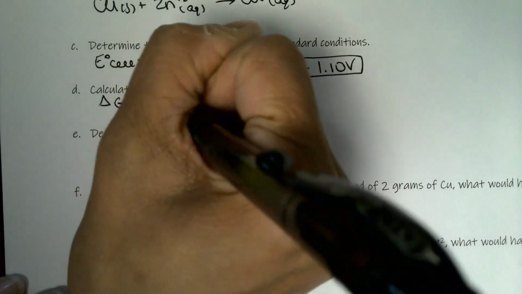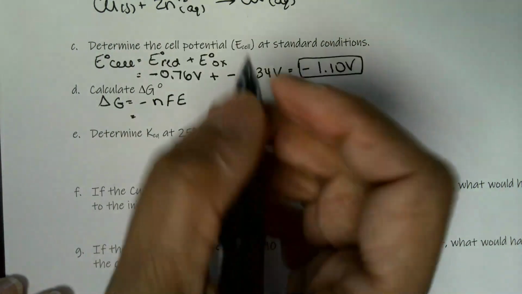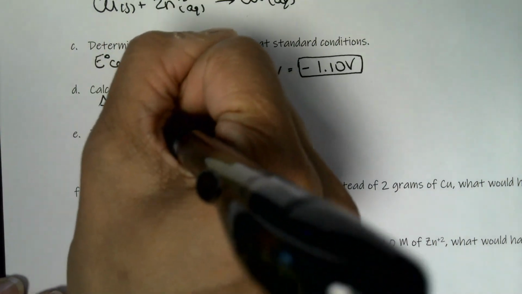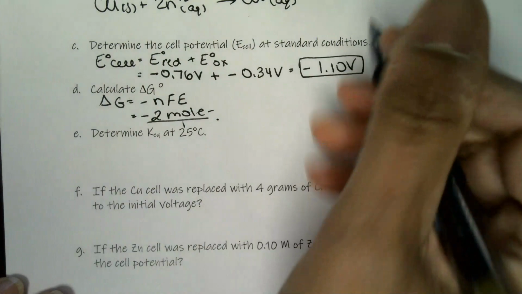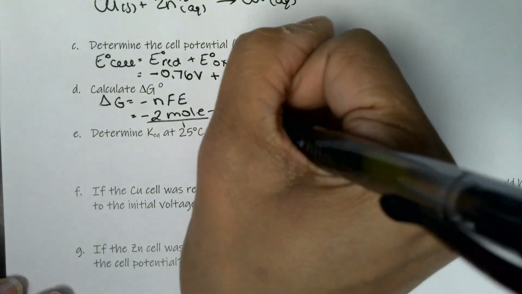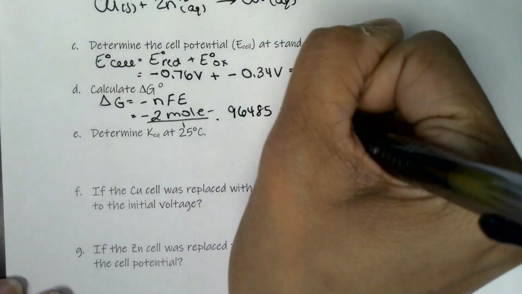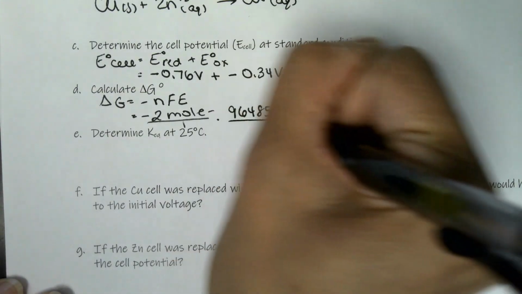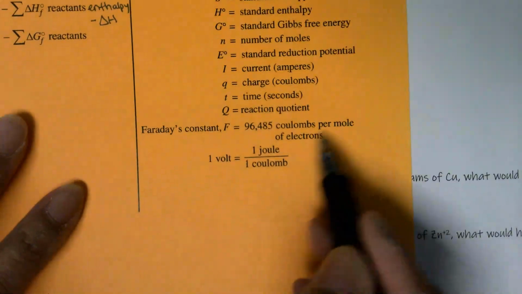Delta G is equal to negative nFE. My moles of electrons, let's see, I have 2 moles of electrons. I'll get that over 1 times my Faraday's constant, 96485. I'm going to just switch that to be joules over volts, and that's times moles of electron, because that's just originally part of this constant anyway.